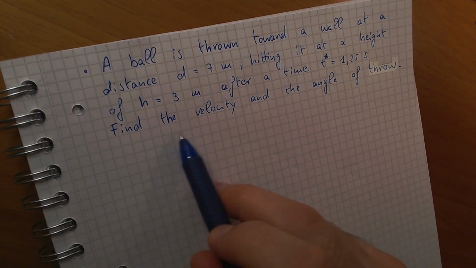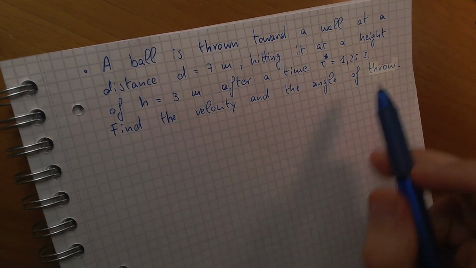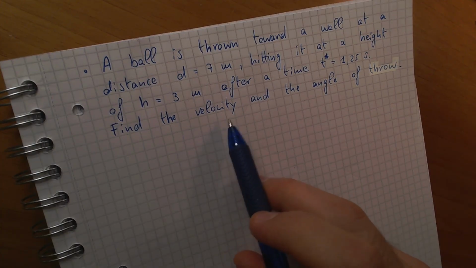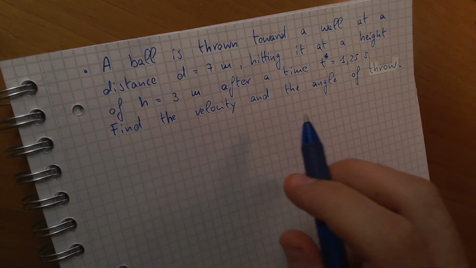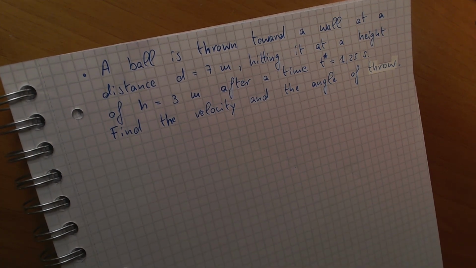We have to find the velocity and the angle of throw, so we have to basically find the initial velocity and the angle of throw.